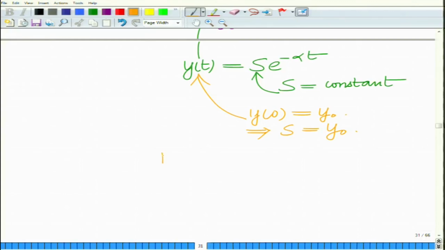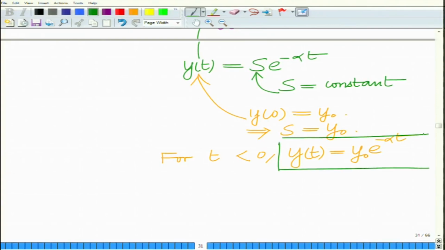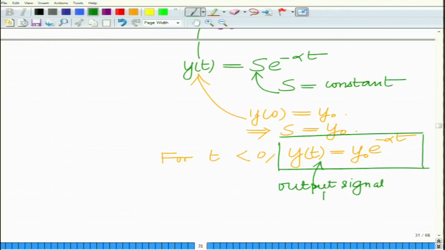So for t less than 0, we have the output y(t) equals y naught e power minus alpha t. So this is the output signal for time t less than 0 when the input is 0.